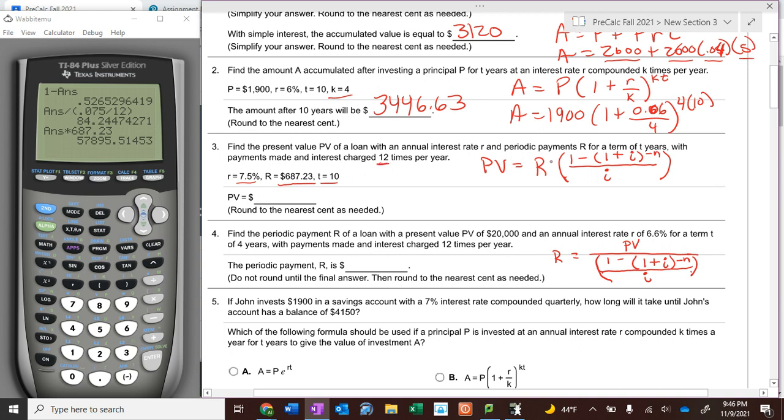So we have big R, that's what you're paying per month, times 1 minus 1 plus i. i is your interest, but i is not this 7.5%. i is your interest charged 12 times per year.